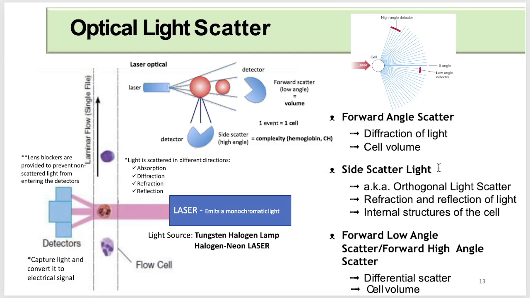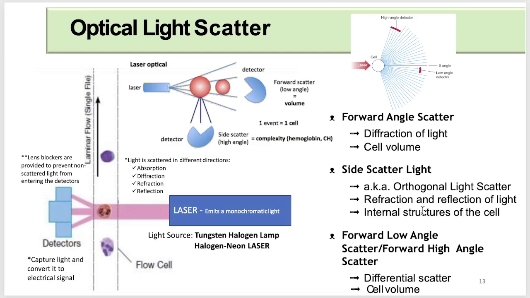We have your side scatter light, aka tinatawag natin na orthogonal light scatter. Your orthogonal light scatter is at 90 degrees. Remember, 90 degrees or tinatawag natin na side scatter, which results from the refraction and reflection of light. So, kung ang forward angle natin is diffraction of light, yung side scatter light naman natin is because of the refraction and reflection of light from larger structures inside the cell.